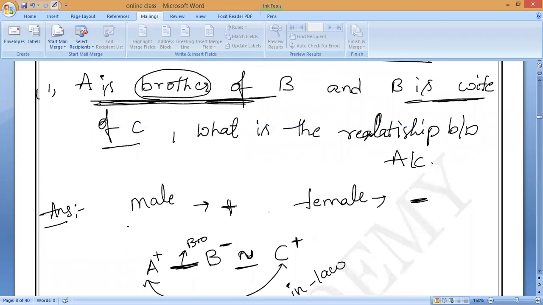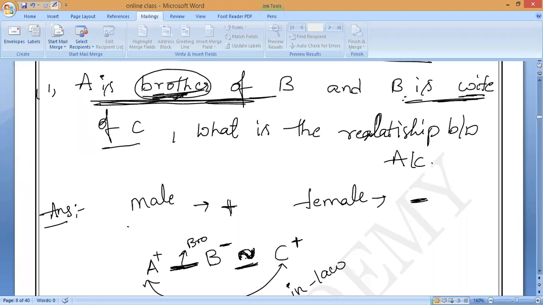Here A is brother of B. Brother means plus sign, male, and the brother symbol is an underscore or line. B is wife of C. What is B's gender? Female. Wife means spouse, and the spouse symbol is like an approximate symbol.